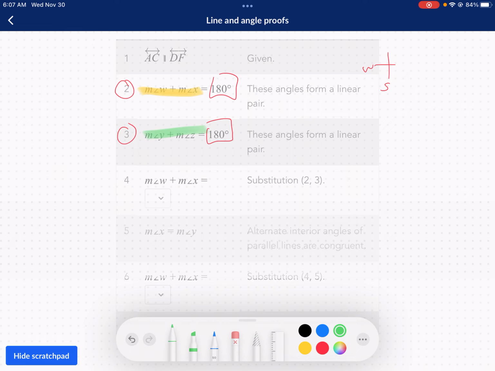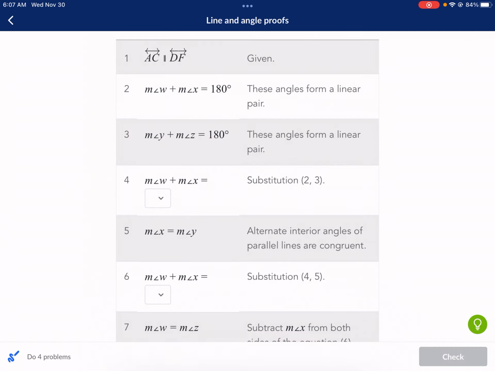So we know that the measure of W plus X is going to be equal to the measure of Y plus the measure of Z, because they're both equal to 180. Okay, so I need to put Y plus Z here. That's that step.